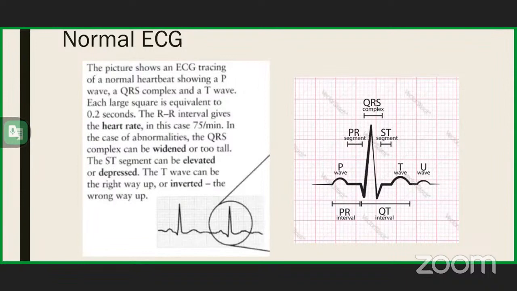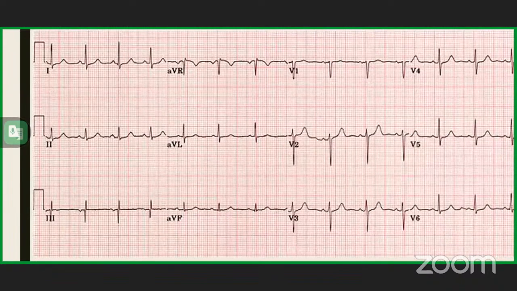Then in the next chart, you have the picture of the normal ECG, just one complex showing you the wave, segment, complex, and intervals. Read this general information again, and if you want to practice ECG, do it with this slide.